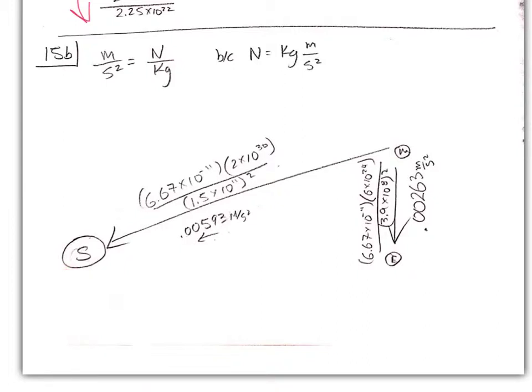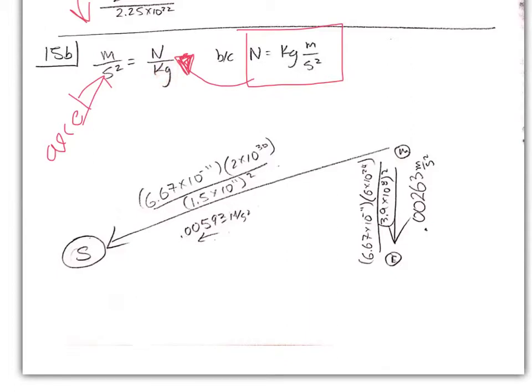So first of all, let's take a look at the units here, because the units for acceleration are meters per second squared, which, given that a Newton is a kilogram meter per second squared, leads us into gravitational field being in units of Newton per kilogram. So this is like a force per mass.